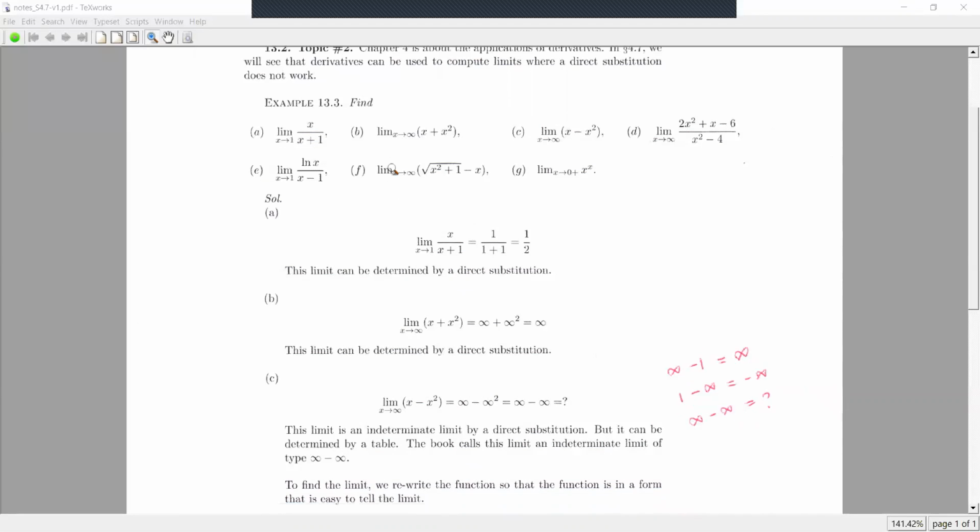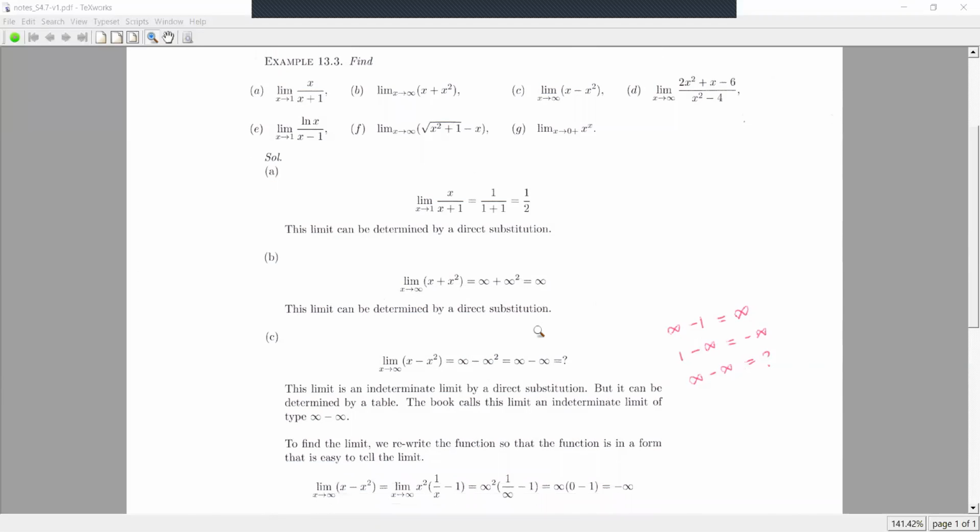Now B. When x approaches infinity, what number will this function approach? I directly plug in infinity for x, then I get infinity plus infinity squared, which should be infinity. So this limit is also easy to tell. Easy limit.